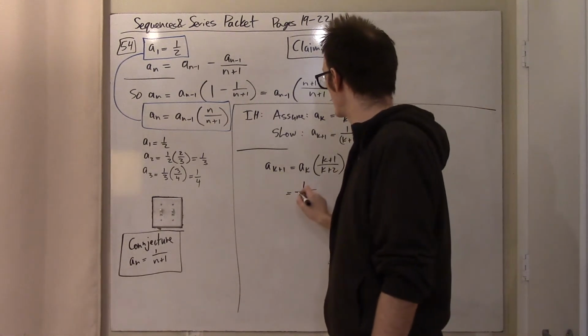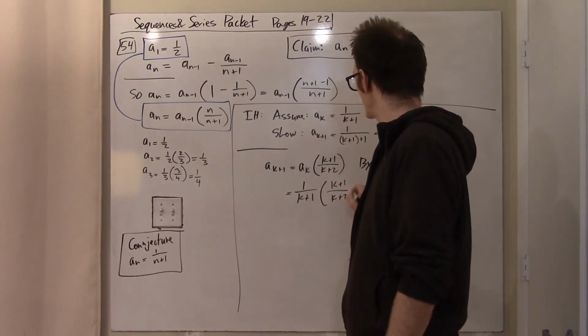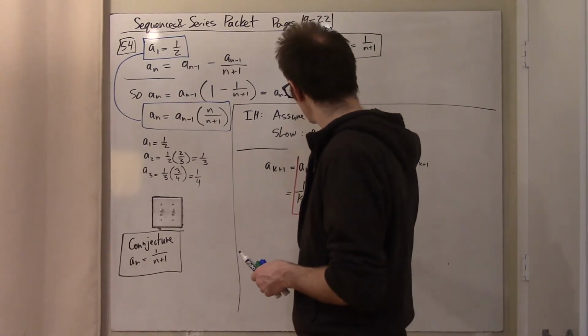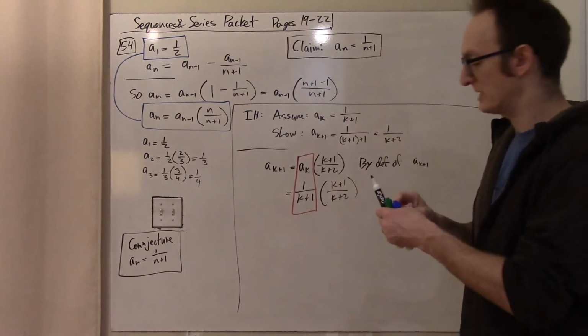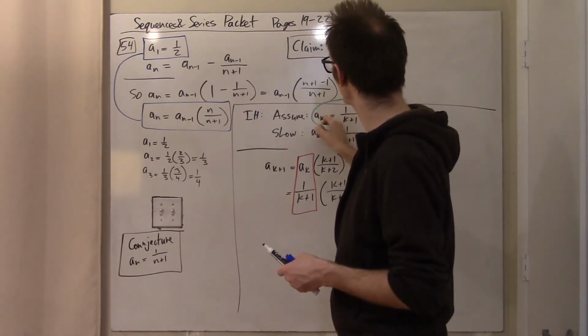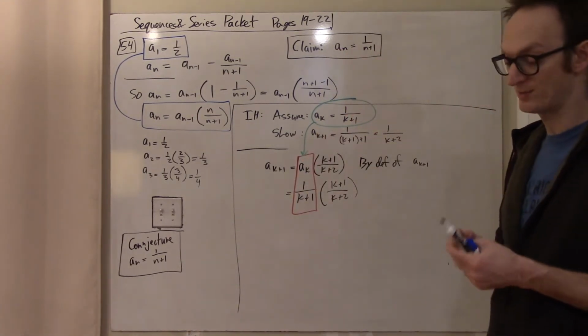So I substitute 1 over k plus 1 here. Why am I permitted to do that? I'm permitted to do that because my assumption in this proof by induction, based on this inductive hypothesis, is that these two are the same, and I'm using that assumption.